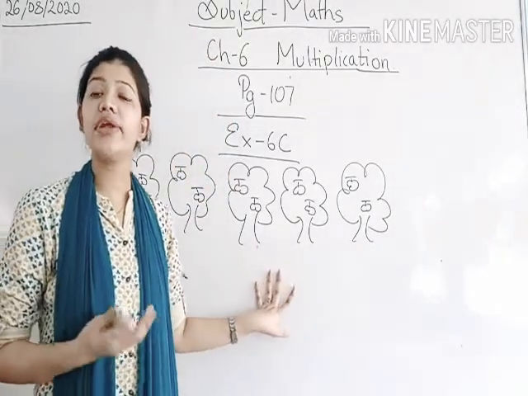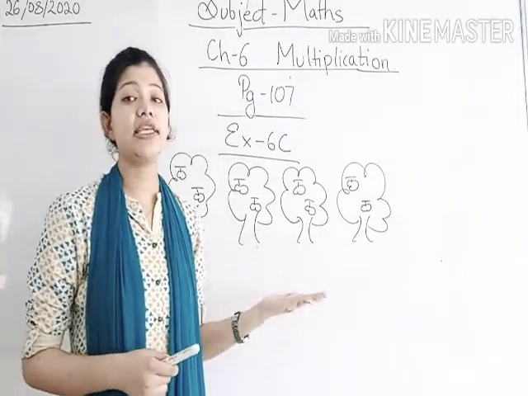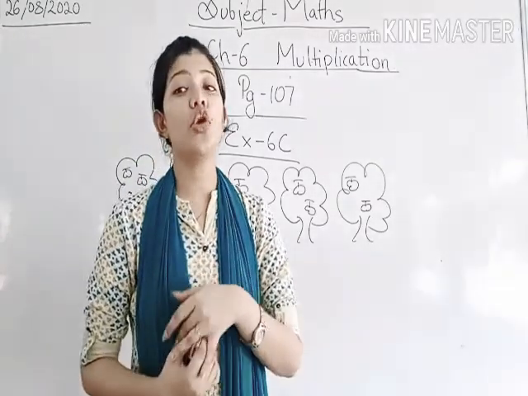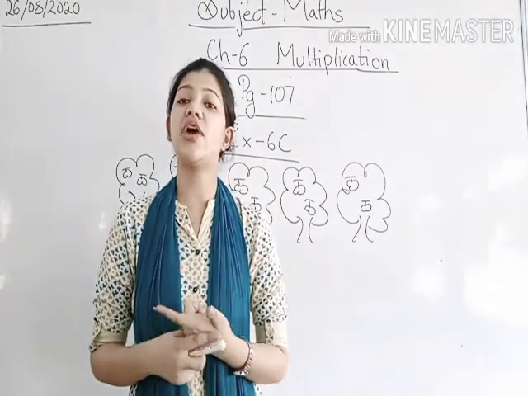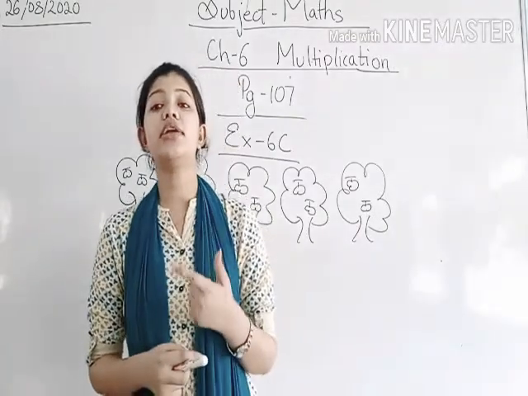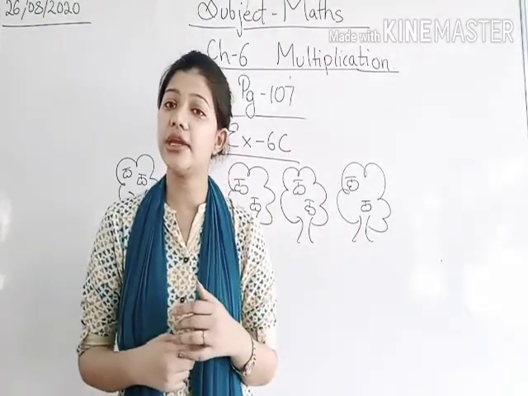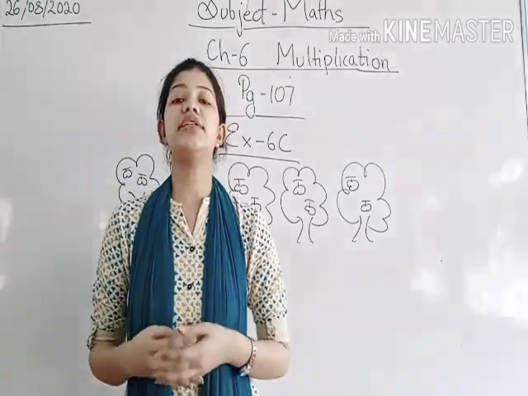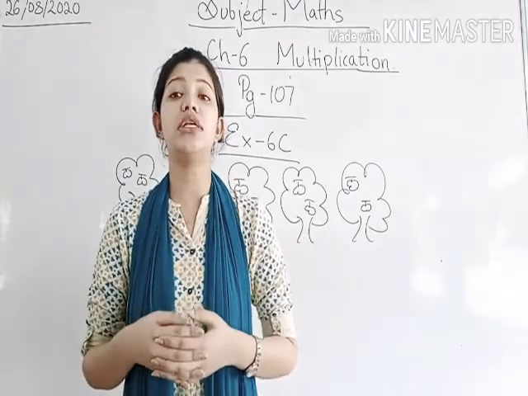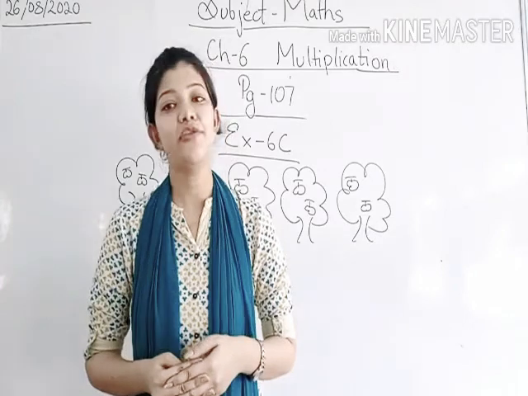So how will we write? For writing factors, we should know what the first factor tells us and what the second factor means. Let's recall what we have learned about the first and the second factor.